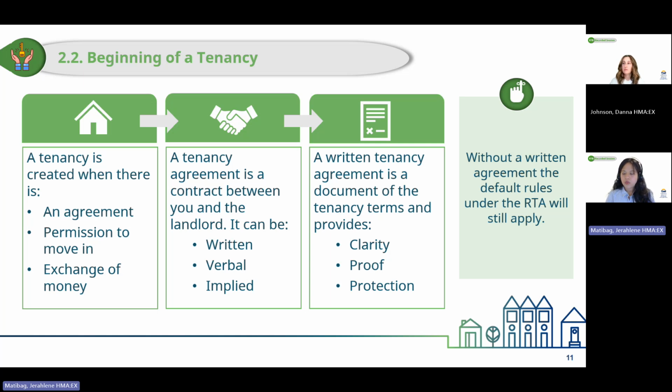So what it means for you as a renter is that even if you don't have the written tenancy agreement, the default rules in the Residential Tenancy Act will still apply to you and you are still covered by the law. Both you and the landlord have rights and responsibilities under the RTA, or the Residential Tenancy Act.